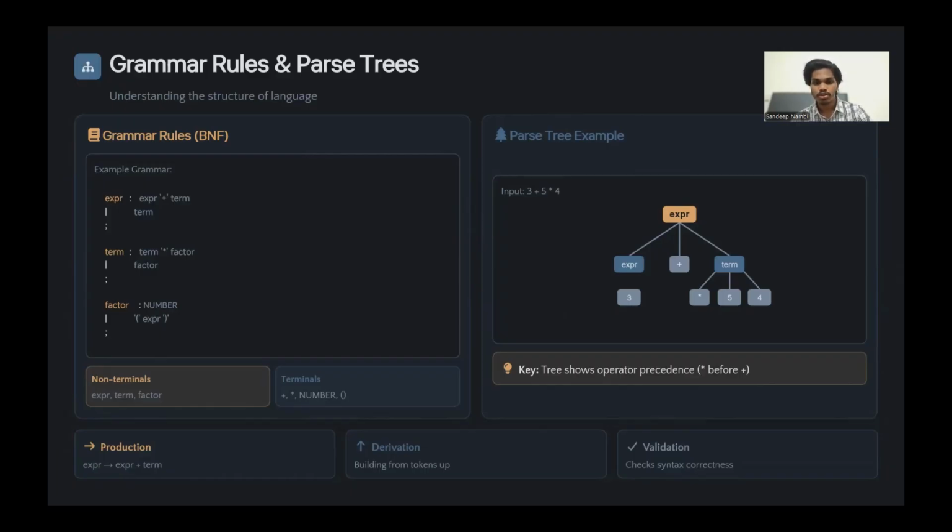The parse tree shows that multiplication happens before the addition because the term is inside the expression. The tree builds from the tokens upward, showing operator precedence very clearly. And this is how YACC validates syntax by building a hierarchical parse tree from the bottom up.